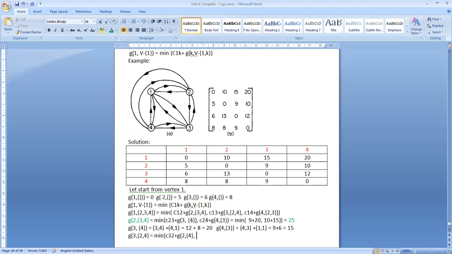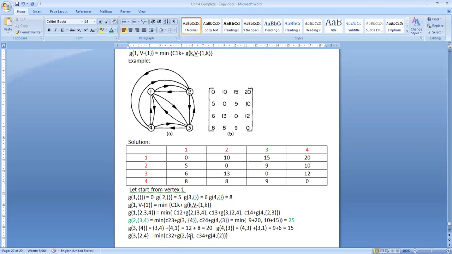Then from 3 I can go to 4 also: C34 plus G of 4 comma vertex 2. This is the thing.